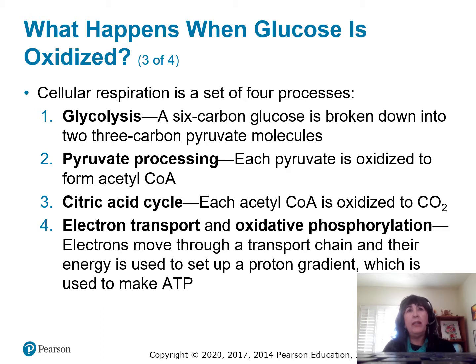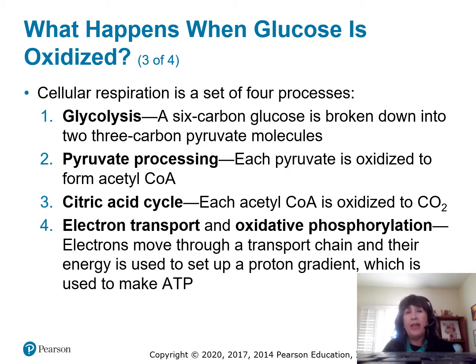If you look at these 4 steps, we start off with a 6-carbon molecule, glucose, and it is broken down completely by step 3, the citric acid cycle, to a 1-carbon compound, CO2.